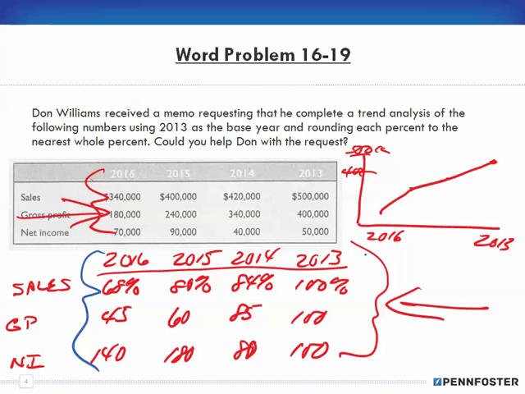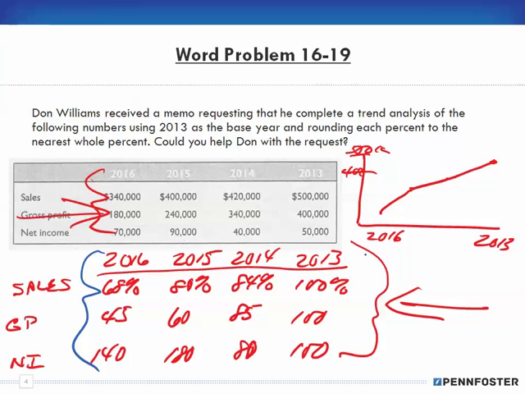The mind works in pictures. For example, if I said to you dog, think about a dog. It doesn't matter what kind of dog, but think about a dog. In your mind, you pictured a dog. You didn't see the letters D-O-G.